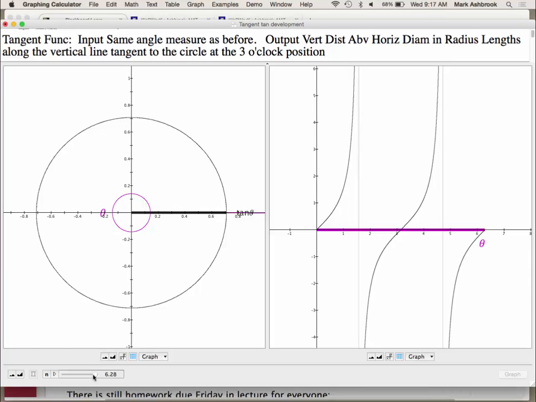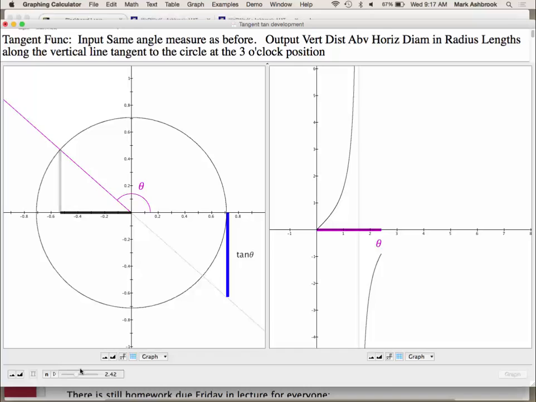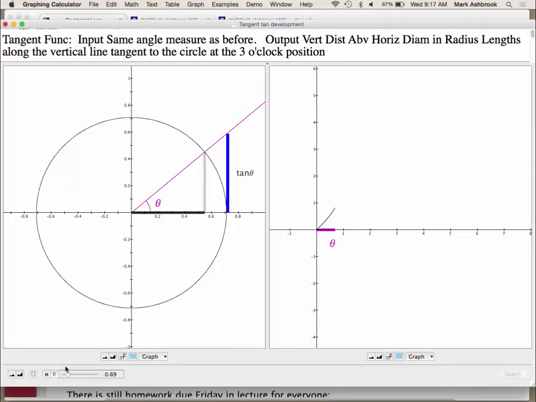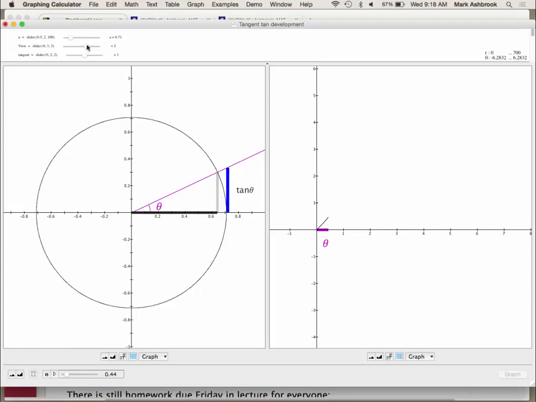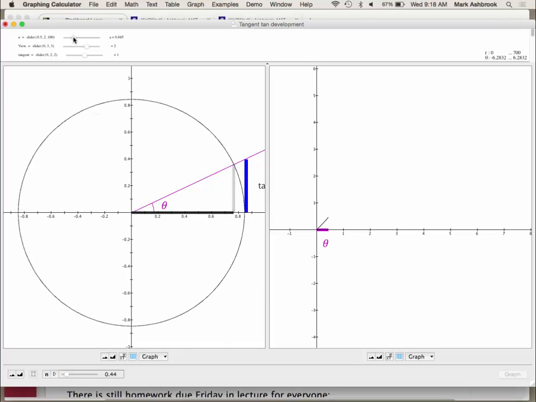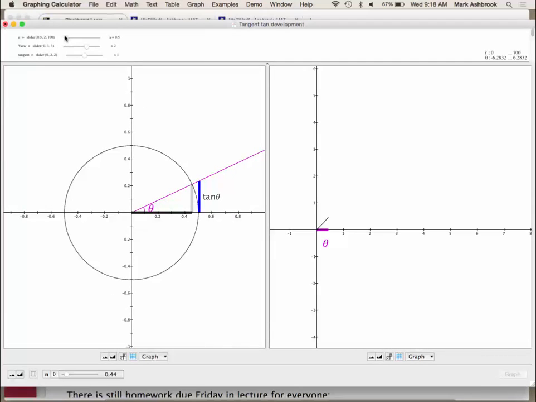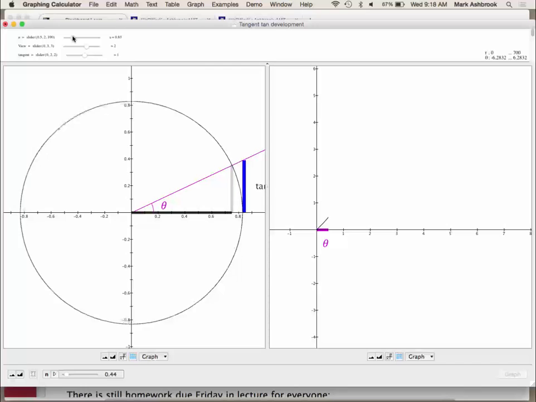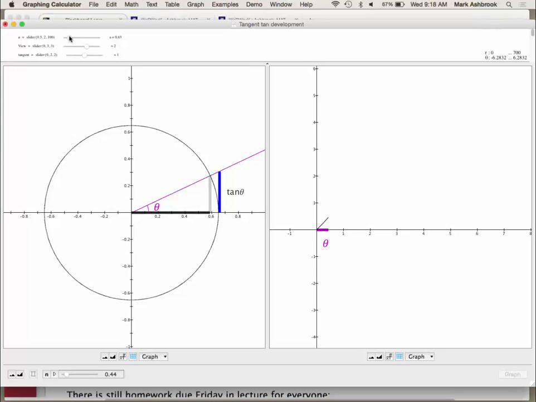Let's just see that in the 1st quadrant. Okay, so here's some angle. I can change the size of the circle. And that blue length will stay the same relative to the radius, right? So measuring it in terms of the radius will be the same.